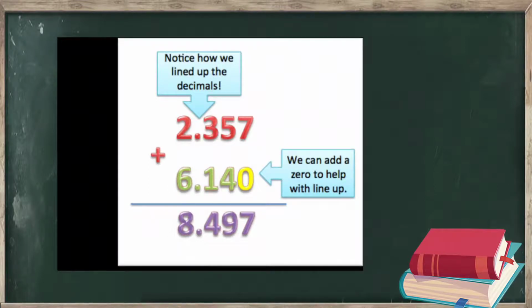So now 7 plus 0, the answer will be 7. 5 plus 4, the answer is 9. 3 plus 1, the answer is 4. And 2 plus 6, the answer will be 8.